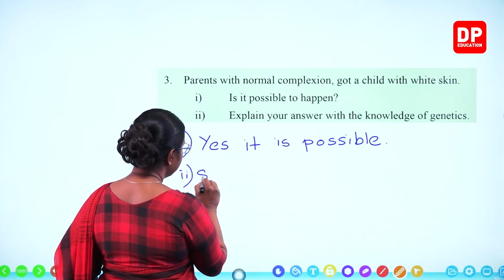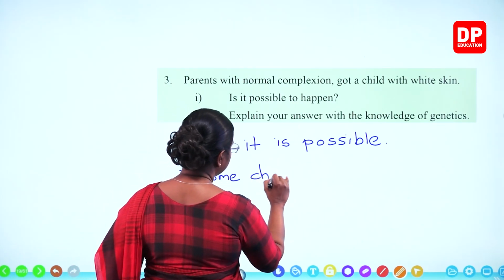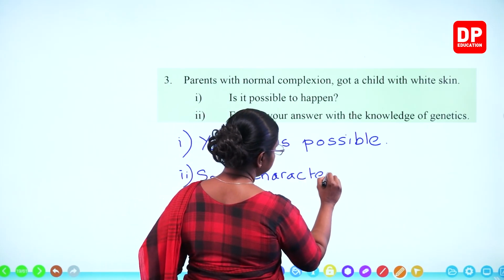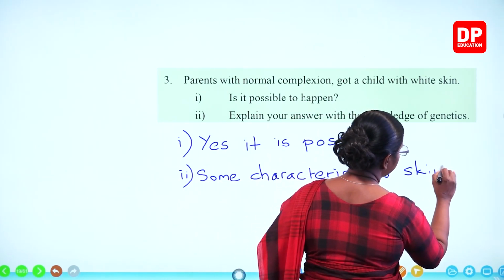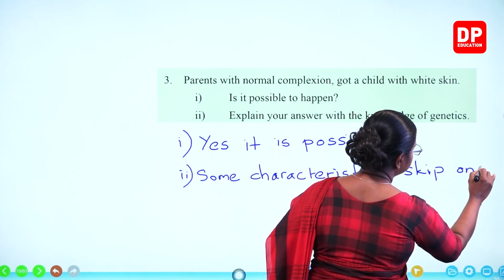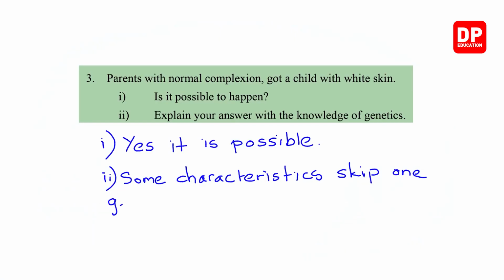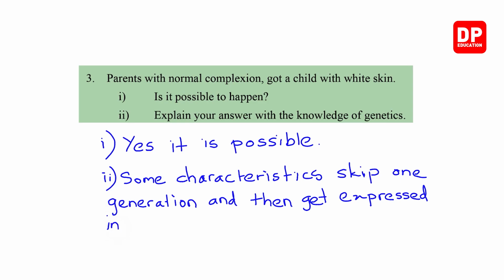So here we can say some characteristics skip one generation and then get expressed in the next generation.